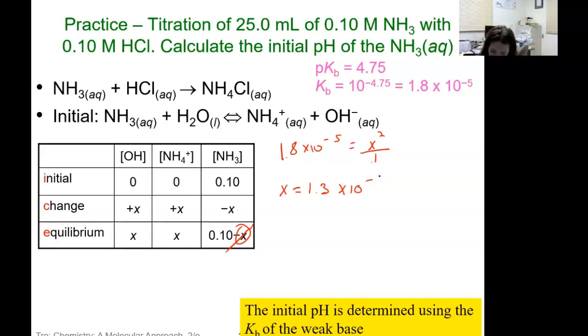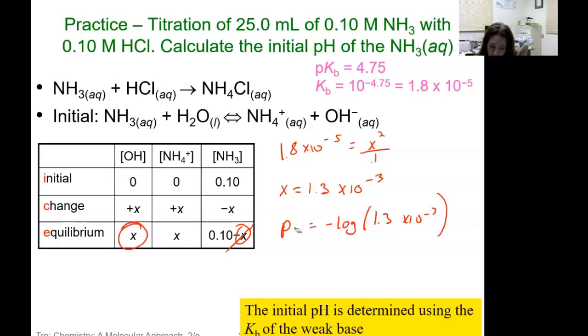What I noticed a lot of times on the quiz and the exam is people will just go, okay, what's the pH? And they'll say, oh, the pH is the negative log of this. But this is not the pH, because remember, this x here is OH-.